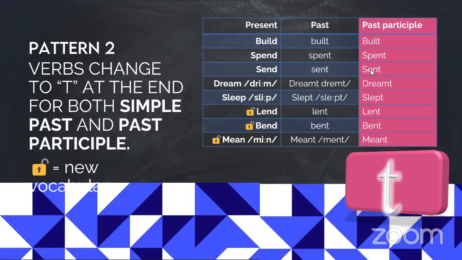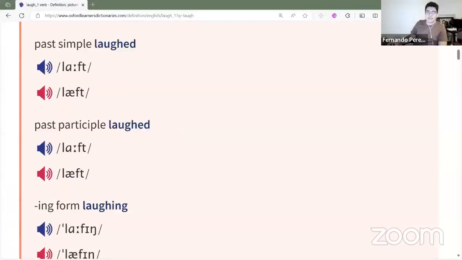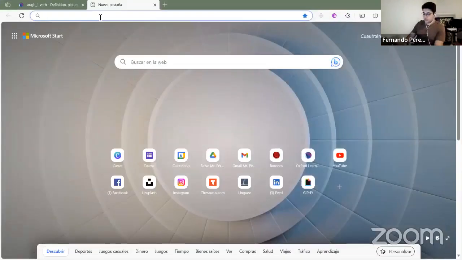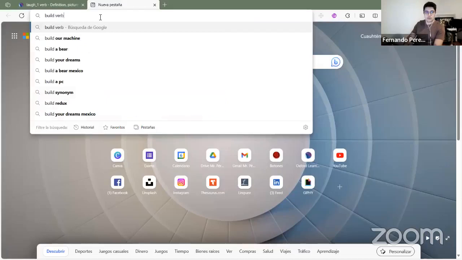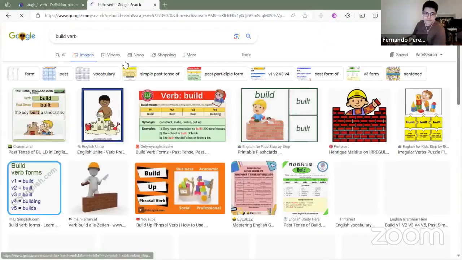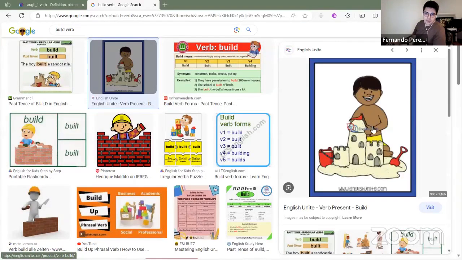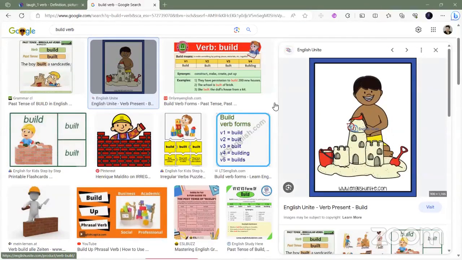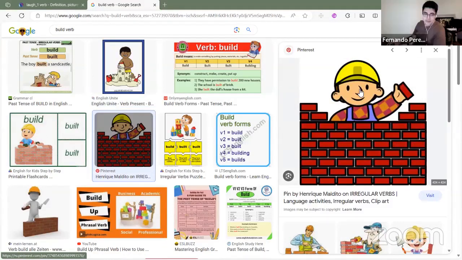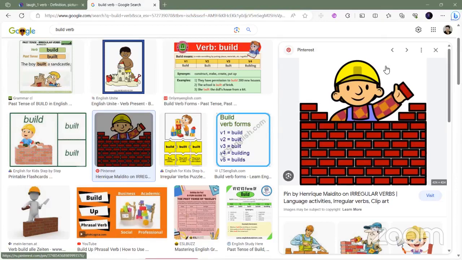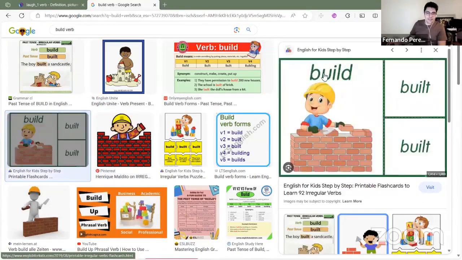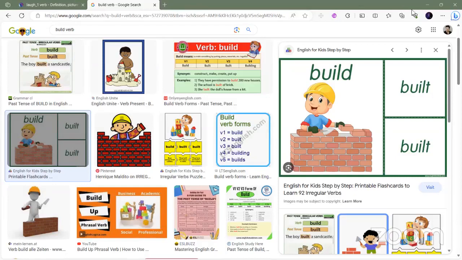Build is the action of the building's construction. In constructions, this person built a castle. In this moment, he is Bob the Builder. You see, Bob the Builder, he builds a house. Give me an example using build in past.